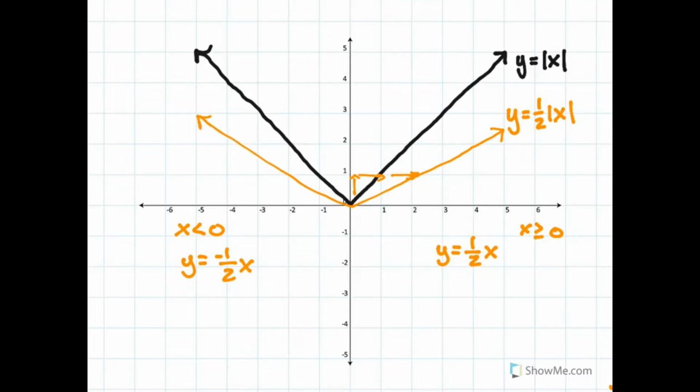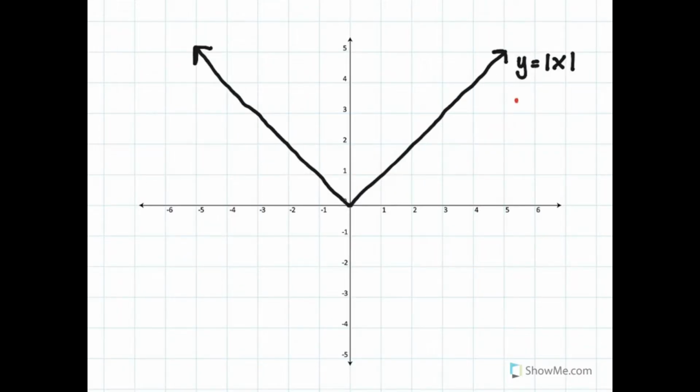It's a wider V. So when I need a wider V, I would multiply by a fraction, and when I need a narrower V, I would multiply by a whole number. The bigger, the tighter the V.